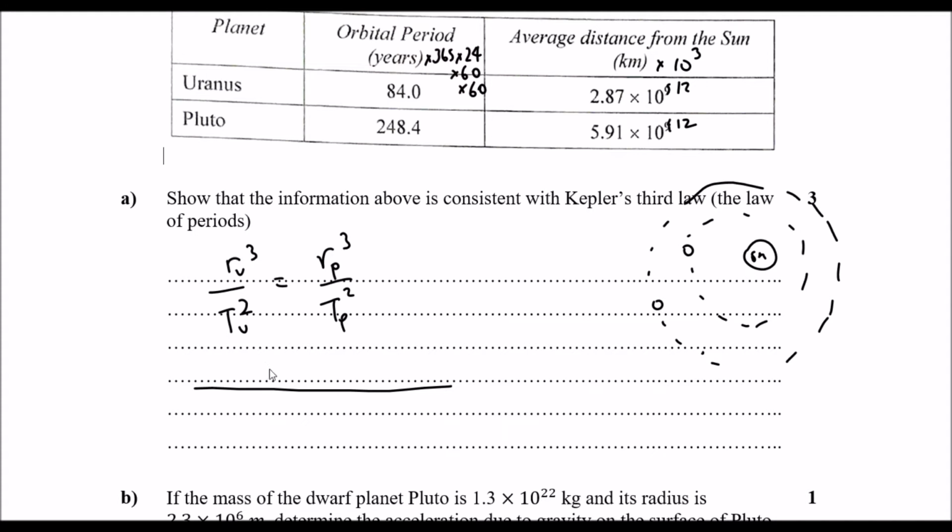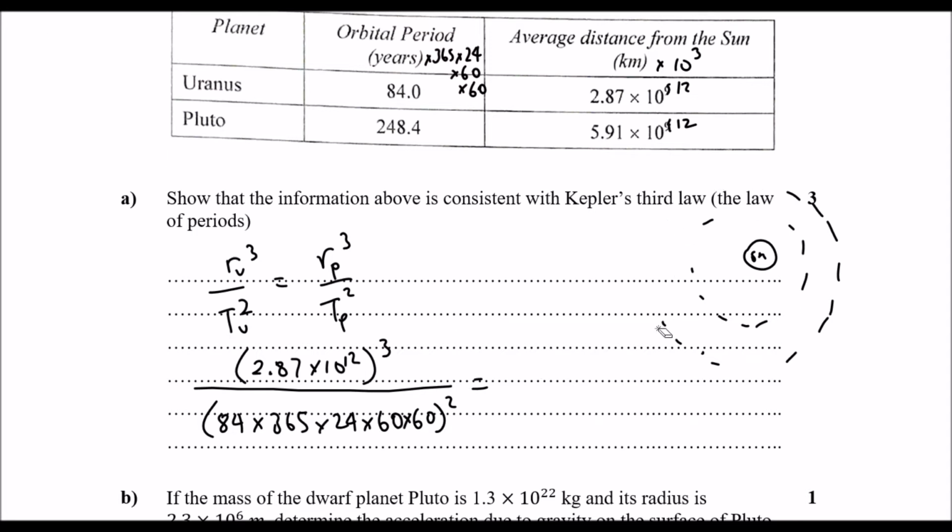So our average distance is 2.87 times 12 to the power of 3, because that's what we have there. Then we have our period. And then we'll just rub this bit up here out.